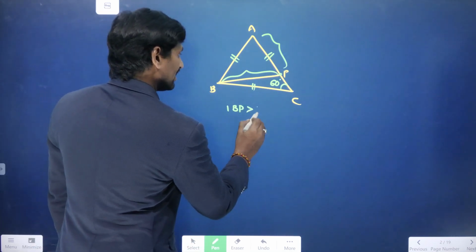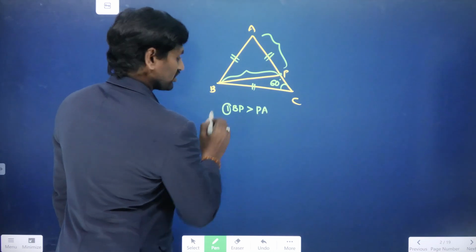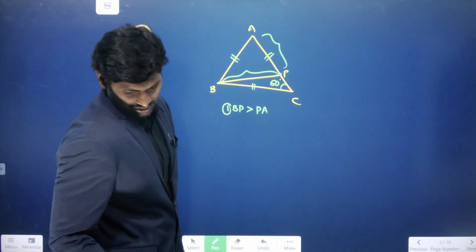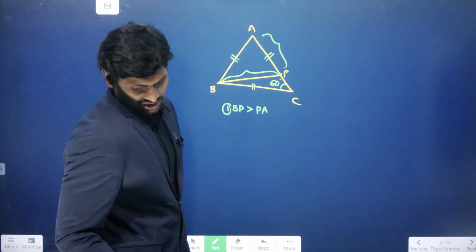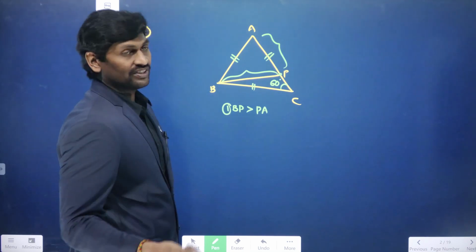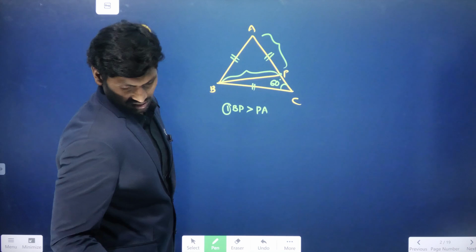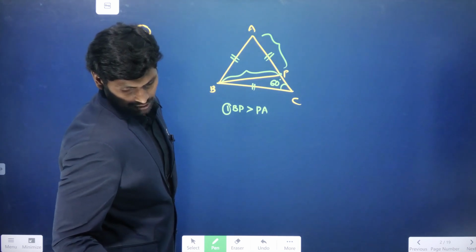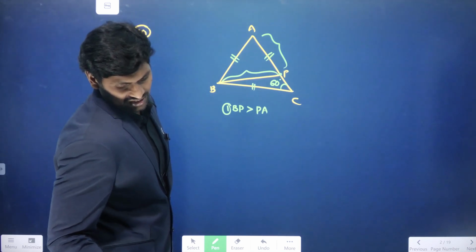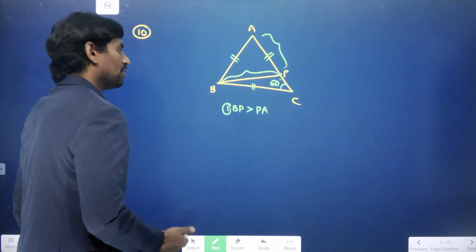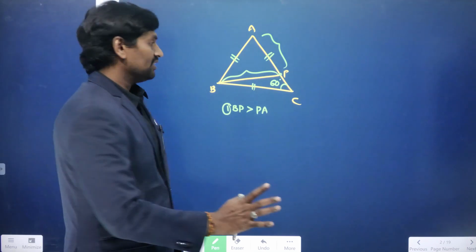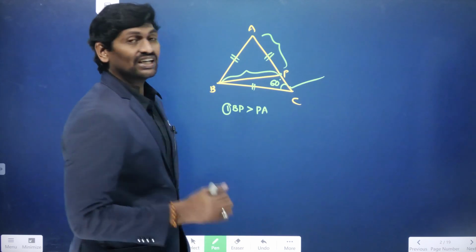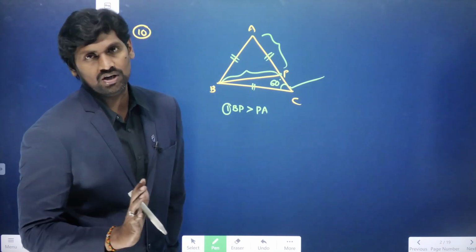The first option and third option are the same. All of these. BP is greater than PA, 60 degrees, yes. First option, third option are the same. But before that, the second option is true, we already know that. Let us check whether the first option is true or not.